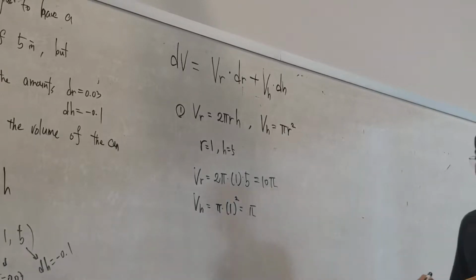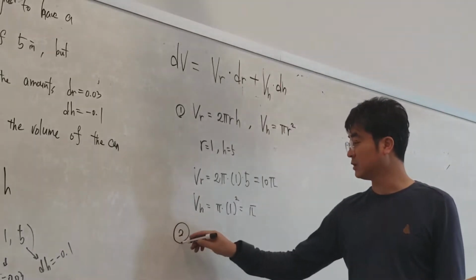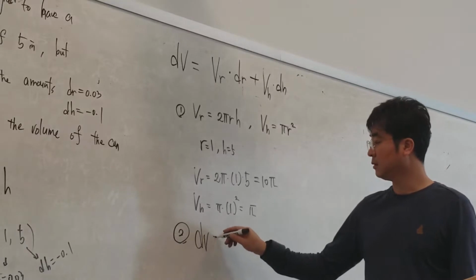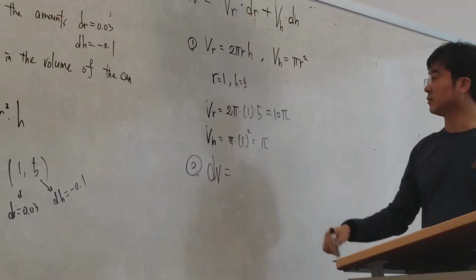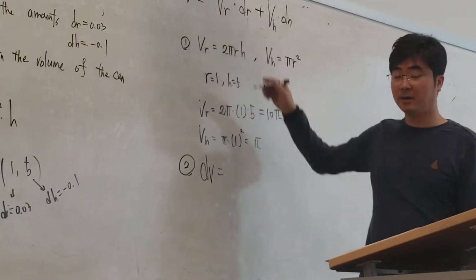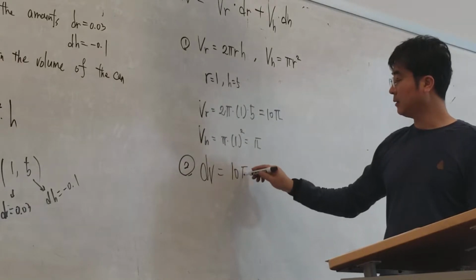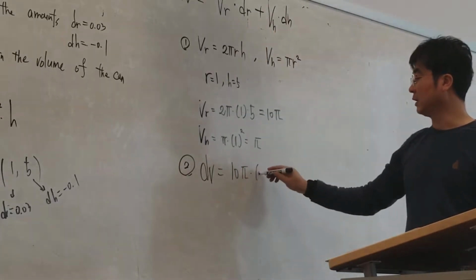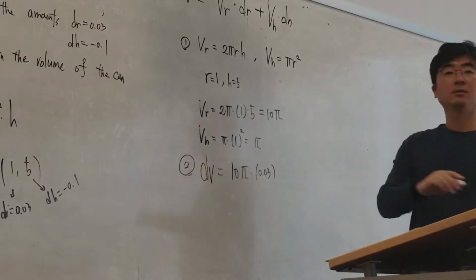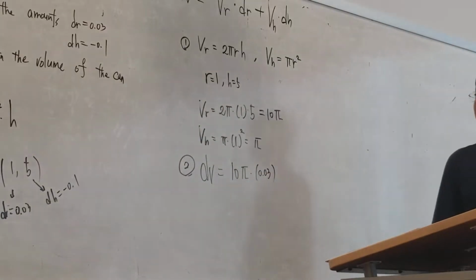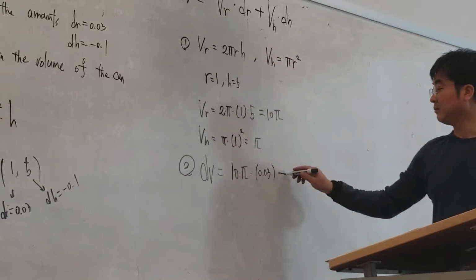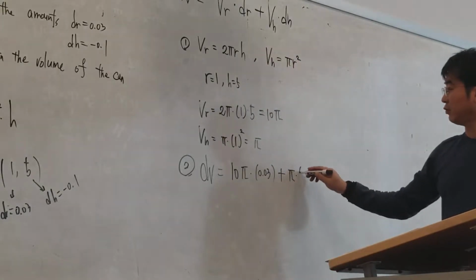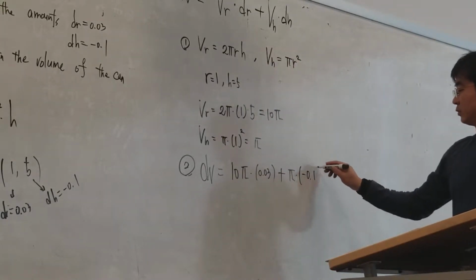Number two, now I'd like to measure the volume change, dV, by plugging this in. So we have 10 pi for V_R. How do we change dr? 0.03, increasing. Good. And V_H is pi. How do we change? We change minus 0.1.